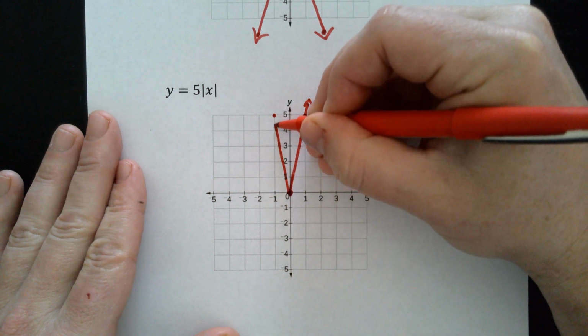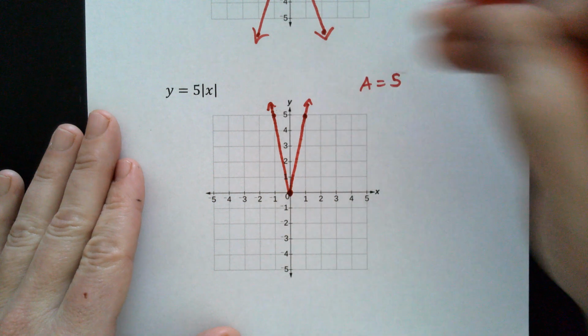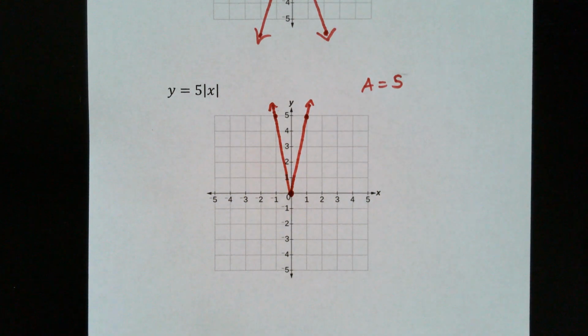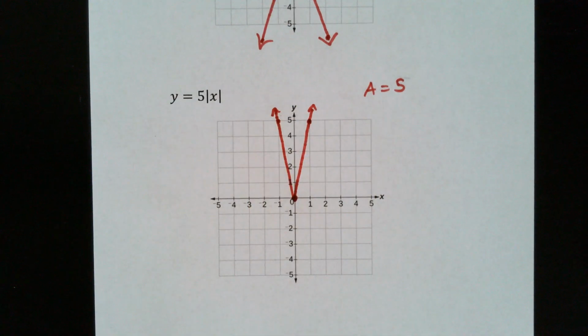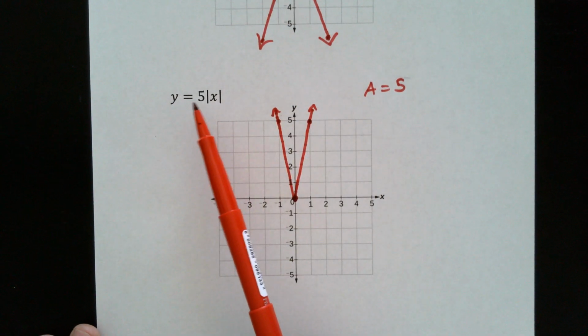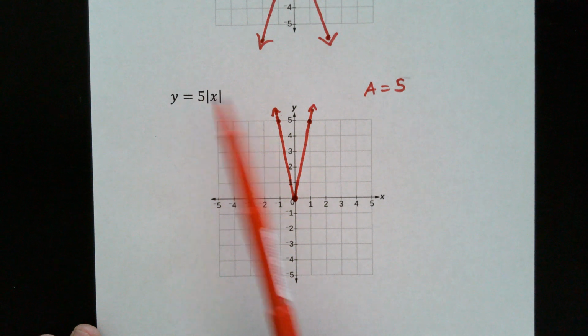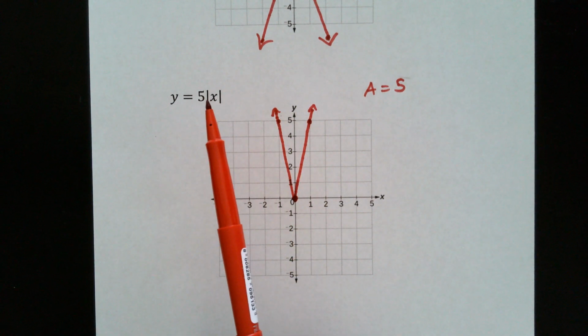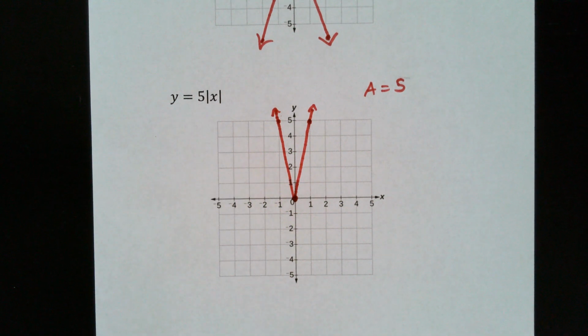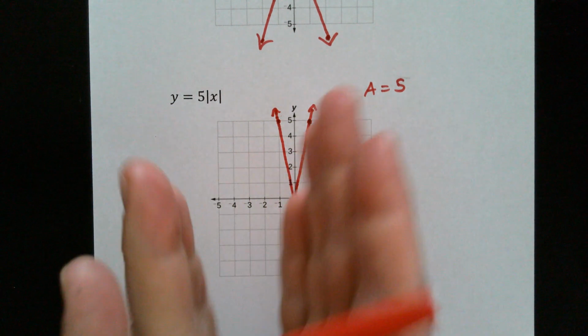This would be what y equals 5 times the absolute value of x would look like. And notice that this one is skinnier than the other ones. So the bigger your number out front, whether it's positive or negative, the skinnier your absolute value is going to be. The smaller your number is, but if it's between 0 and 1, like a fraction, like 2/3 or 1/3, then the wider this would be.